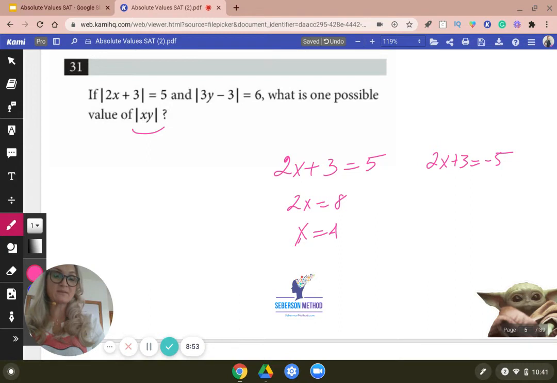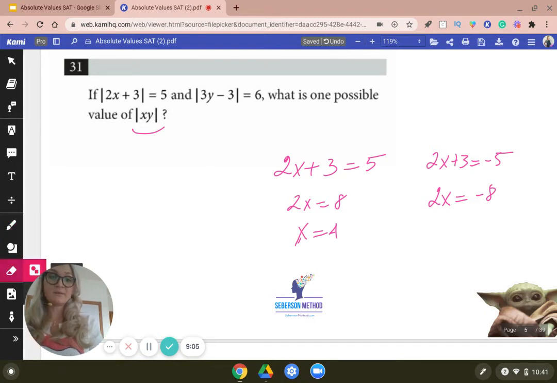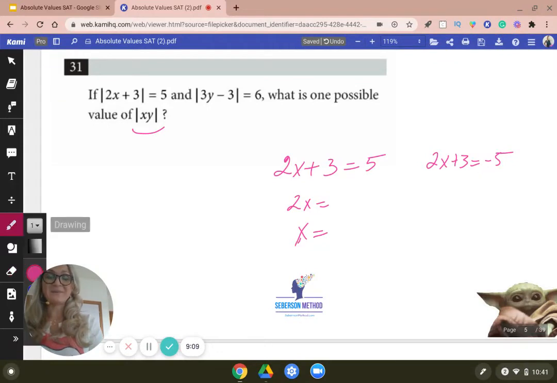Another possible value of x is going to be 2x is equal to -8. And then, how did I do that? 2x plus 3 is equal to 5, and then 2x is equal to 2, not 8, because when we add on one side, we subtract on the other.